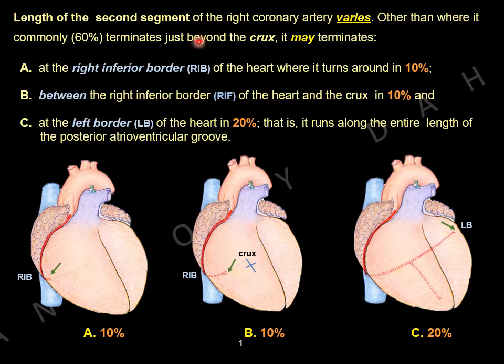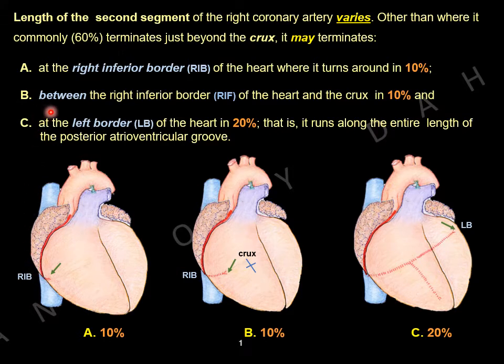Other than where it commonly, that is in 60%, terminates just beyond the crus, it may terminate at A. In this picture, right coronary artery may terminate at the right inferior border of the heart, where it turns around, in 10%.